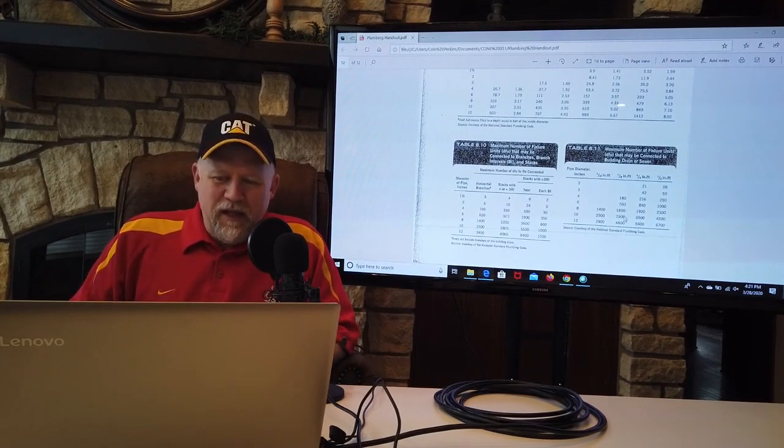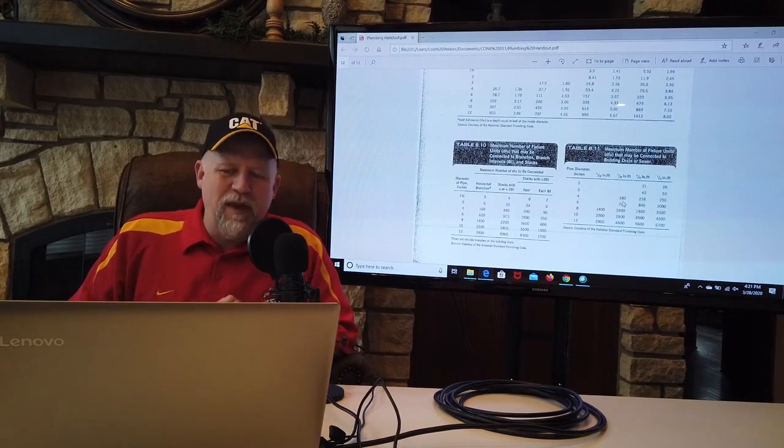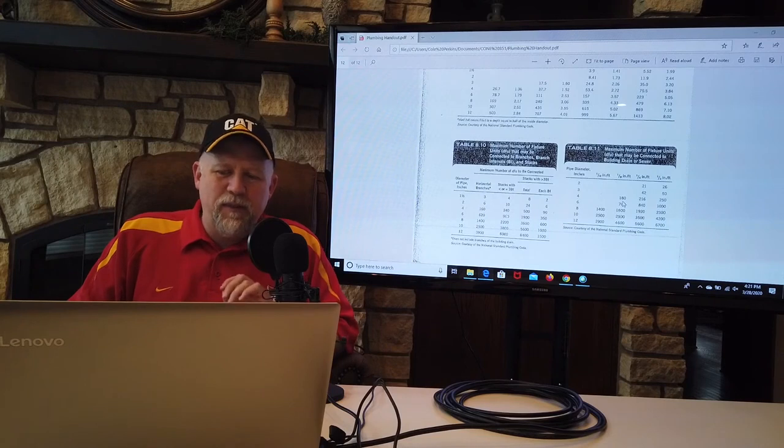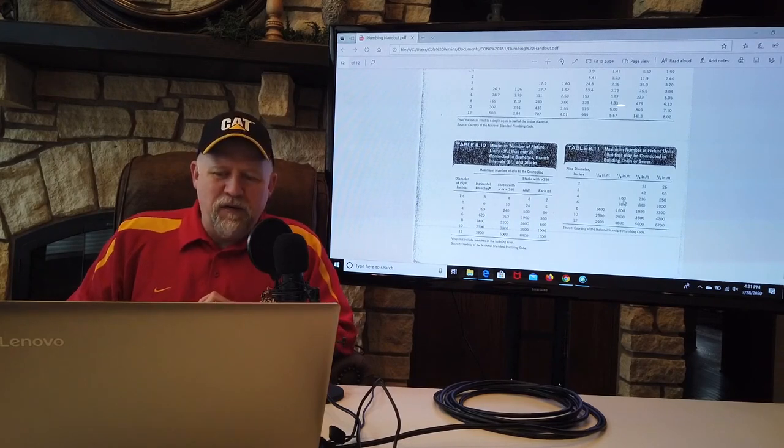So at 1/8 of an inch per foot, 4-inch pipe can handle, the way this table reads, up to 180 drainage fixture units. As soon as you go over that, you have to go to a 6-inch pipe.